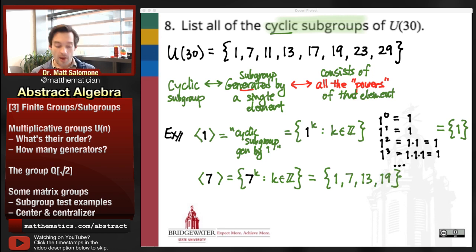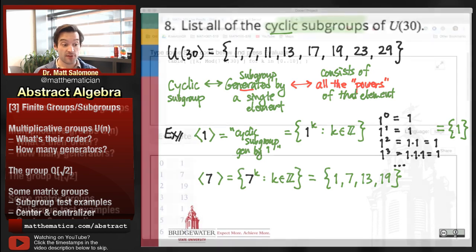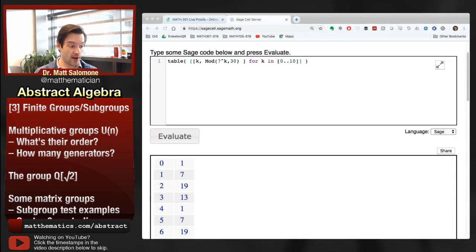We also learned something else about 7 as an element of this group in the process of doing this little exercise. Specifically, we found out that when I raise 7 to the 4th power, I end up getting 1, which is the identity element in my multiplicative group mod 30.